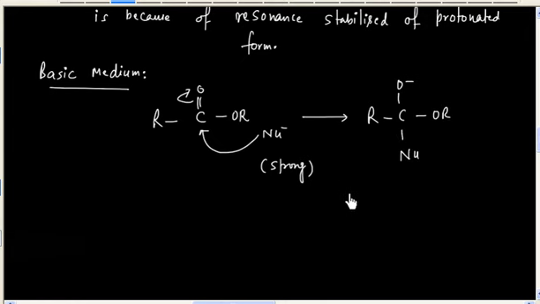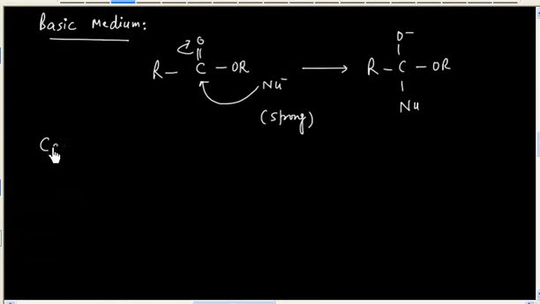So we can say in basic medium, nucleophile is stronger and it can attack even on weak electrophilic carbon. So carbon in this case is weak electrophile, but the nucleophile is strong.